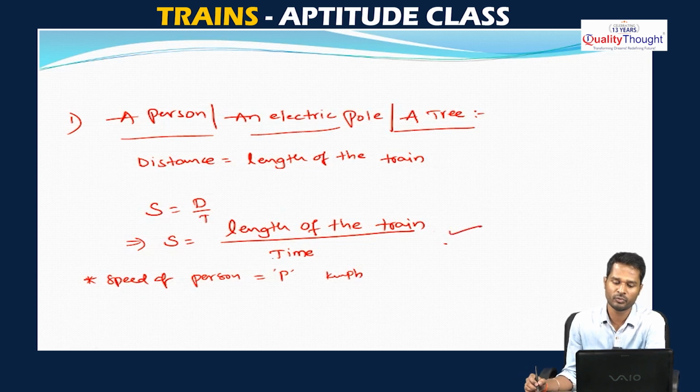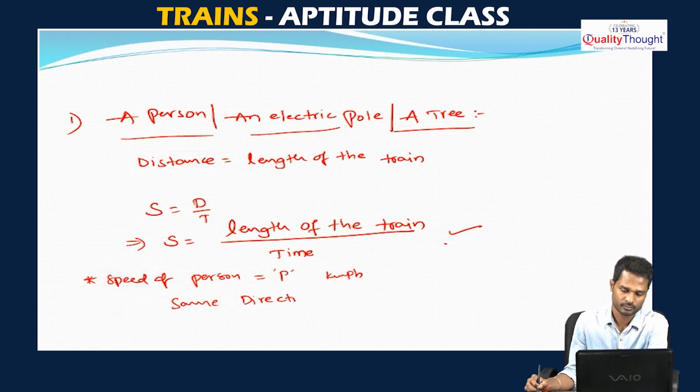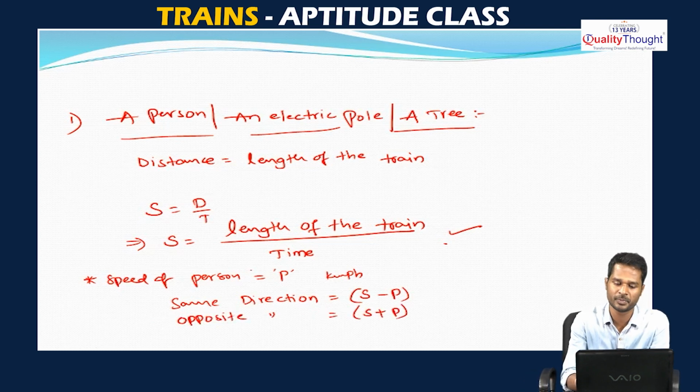If he is moving in the same direction as the train, then the relative speed should be taken as s minus p. We already seen this. Or if the person is moving in the opposite direction, the relative speed will become s plus p. So we have seen this in relative speed.